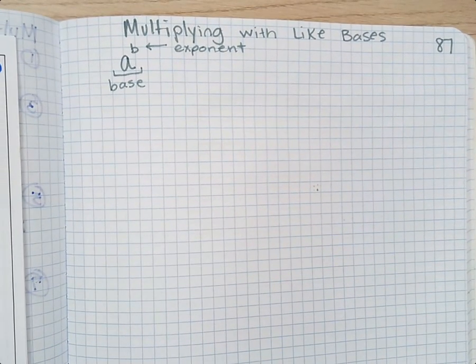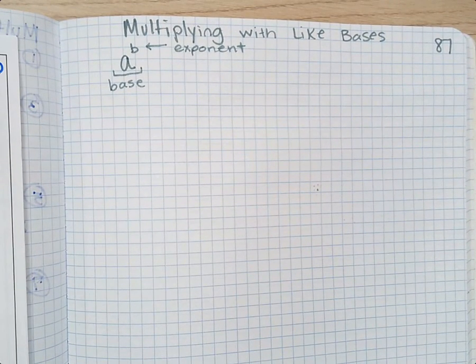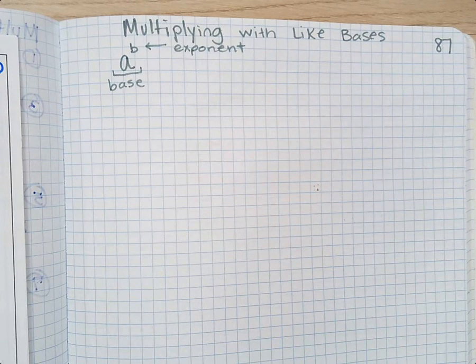We're going to run through a series of problems and find out what the answers are, but we're going to try to do it by thinking about it rather than just plugging it into the calculator.